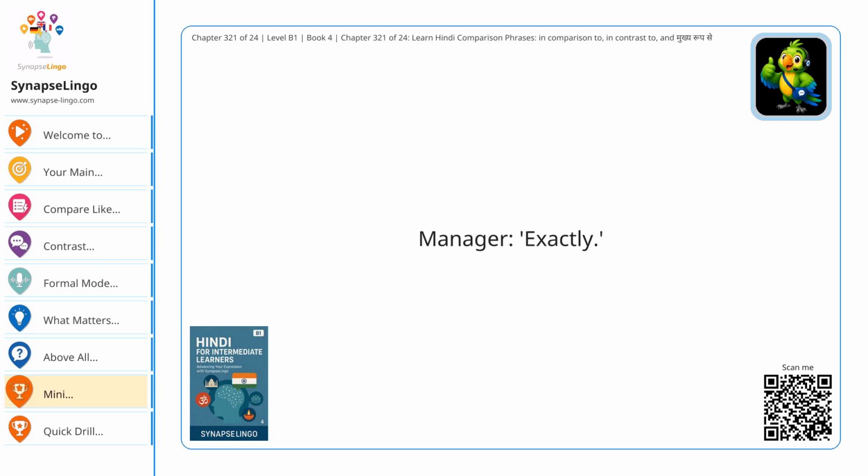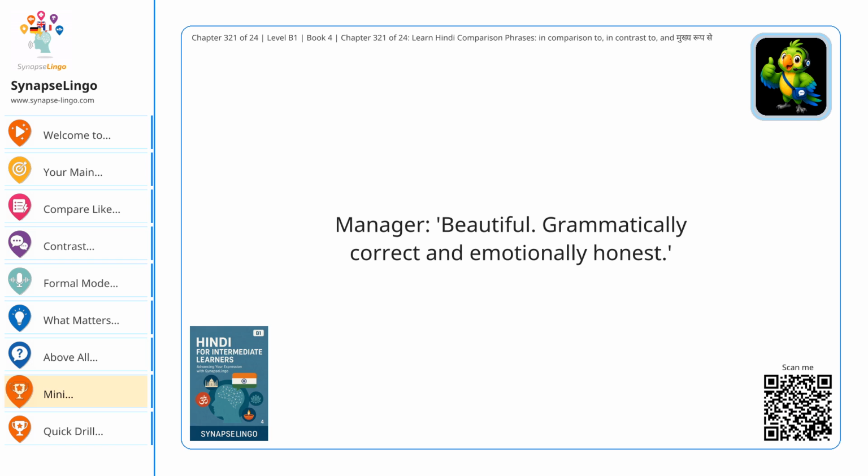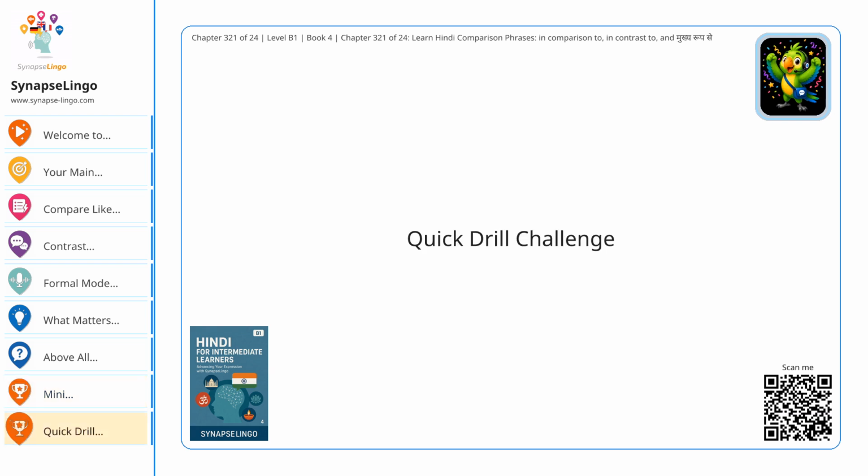Manager: Exactly. And if you want opposition, use के विपरीत. Intern: So, in contrast to my first day, today I am less terrified? Manager: Beautiful, grammatically correct and emotionally honest. Intern: And this meeting is मुख्य रूप से about the budget? Manager: Yes, and सबसे बढ़कर, do not delete the spreadsheet. Intern: Too late.